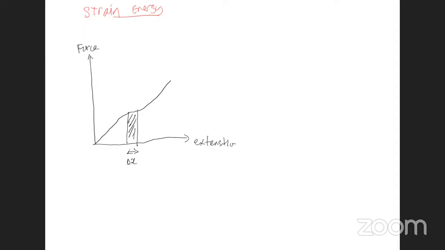Before you draw that graph, write this, please. Consider a wire whose extension is small when a force F is applied. Full stop.